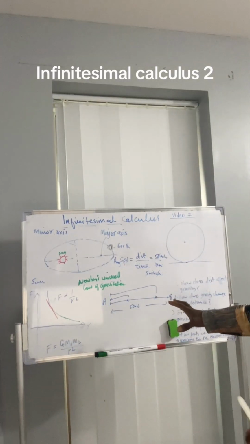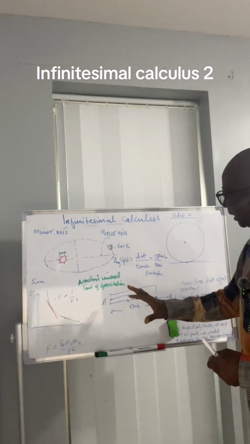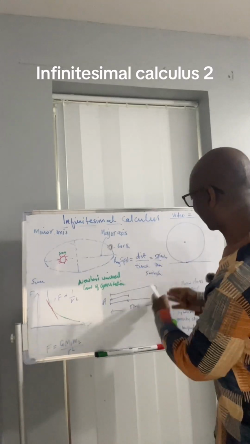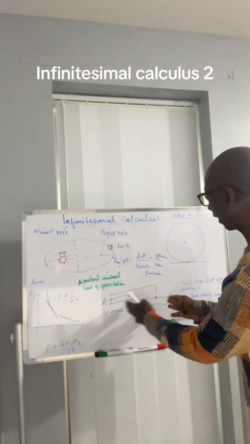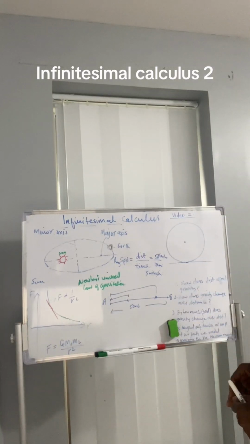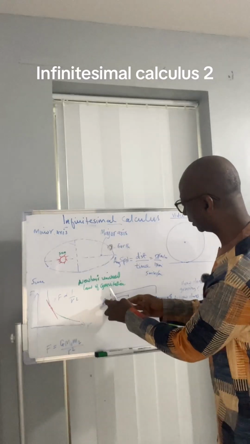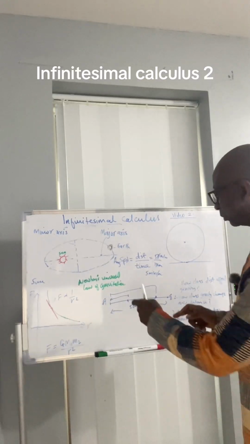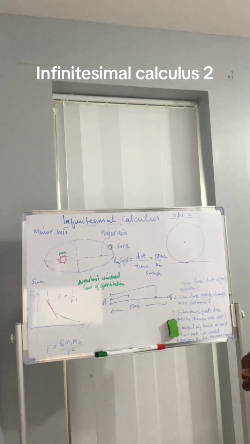So you can see that what you get here is the average speed for the whole distance you've covered. But what was your average speed between this point and this point? You don't know it.